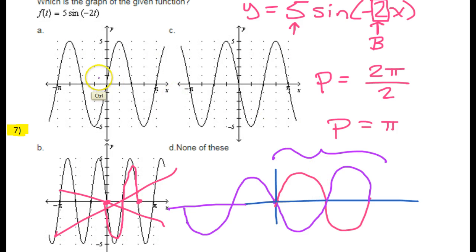Okay, so because this is reflected over the y-axis, I need to pick the graph that goes down and then up. Okay, so that tells me that C is the correct answer.